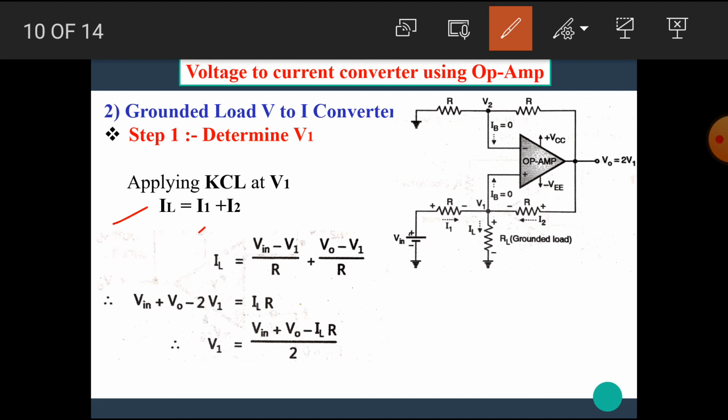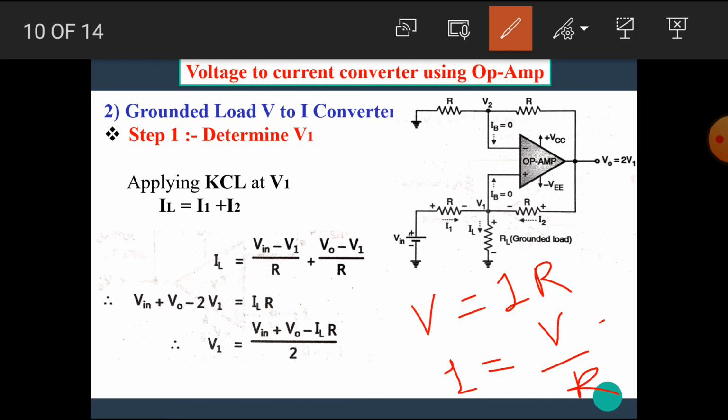But I1 has the value (Vin minus V1) upon R. By Ohm's law we know that V is equal to IR, and I is equal to V upon R, where V is the potential difference between two points.